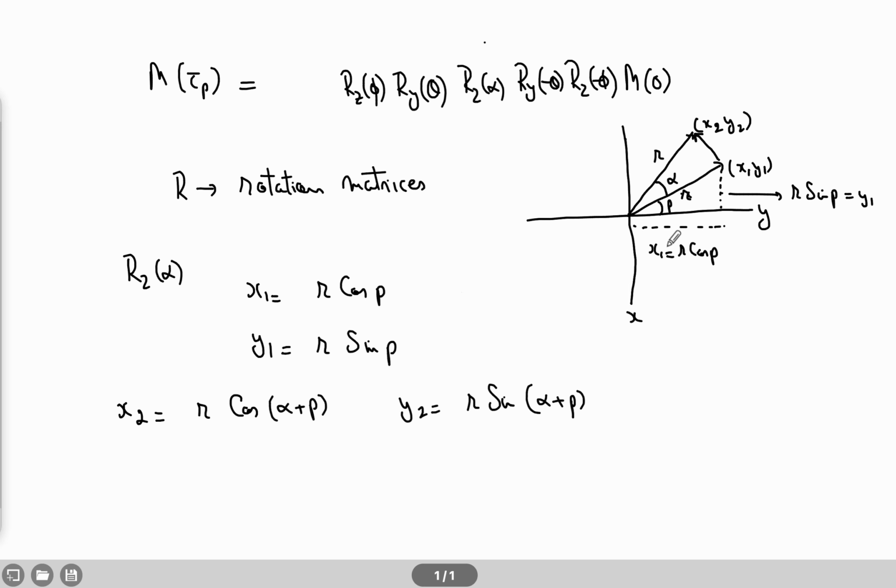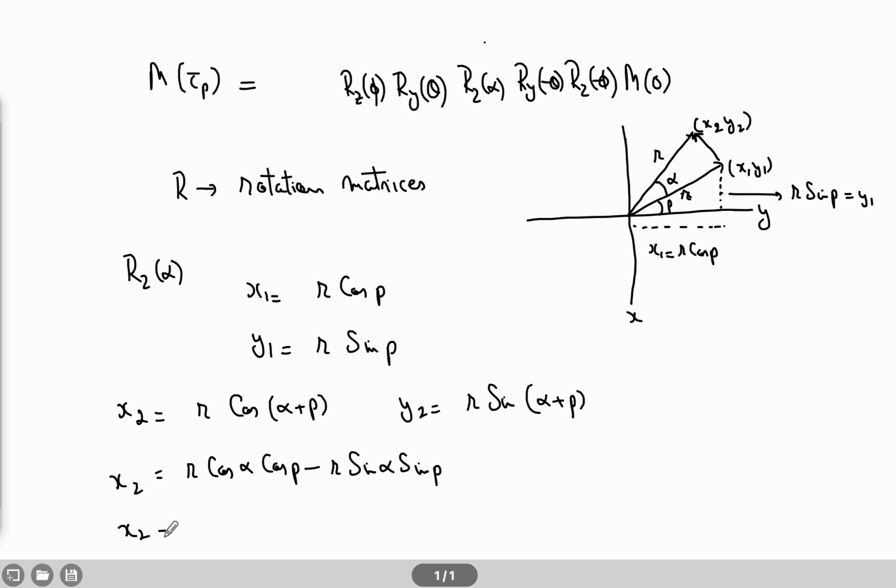Now let's write x2 and y2 in terms of x1 and y1. So x2 can be expanded as r cos alpha cos p minus r sin alpha sin p.